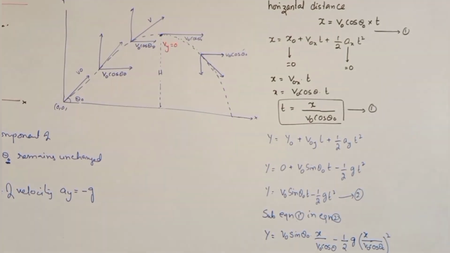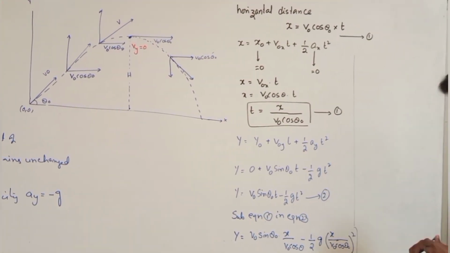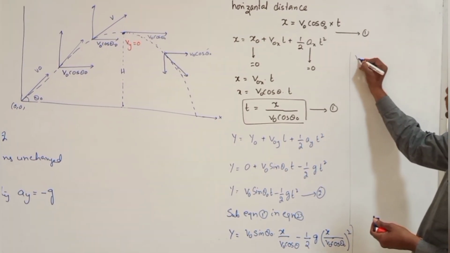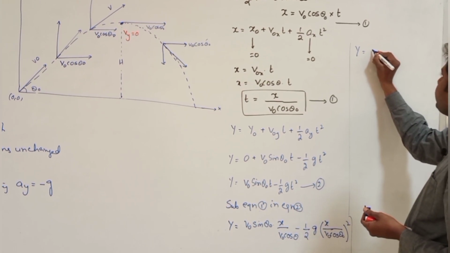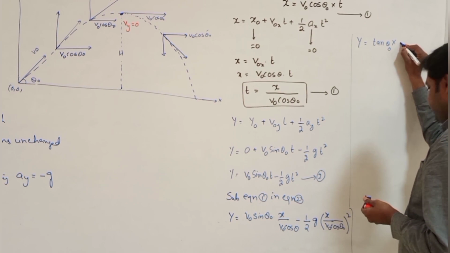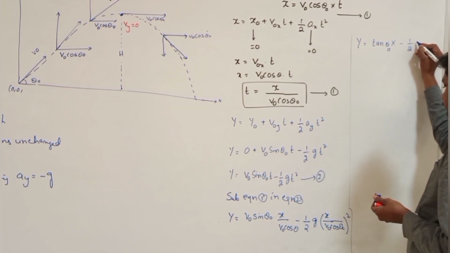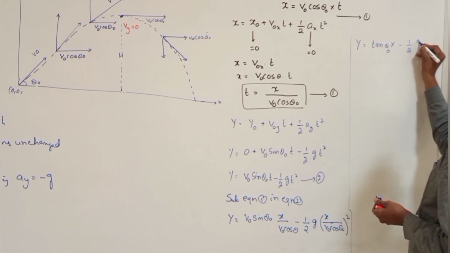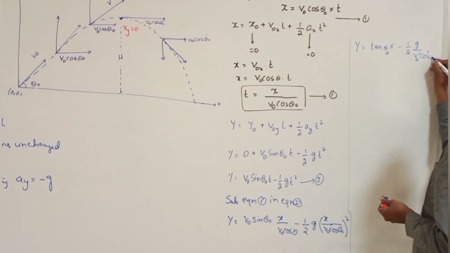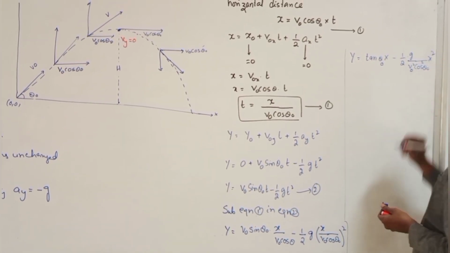Right? Now how to write this? So V naught gets cancelled. y is equal to tan theta naught x minus g by 2 V naught square cos square theta naught into x square.